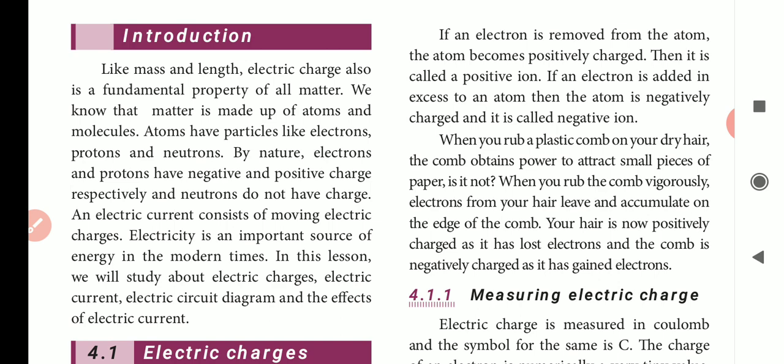The electron is negatively charged, the proton is positively charged, and the neutron does not have any charge. An electric current consists of moving electric charge. Electric current means what, student? It is the moving of electric charges.